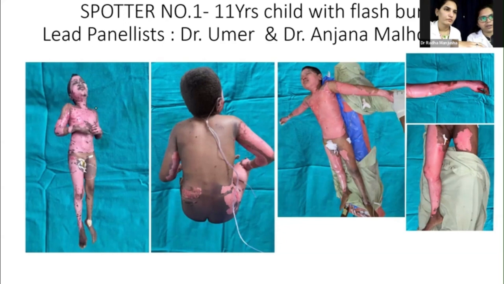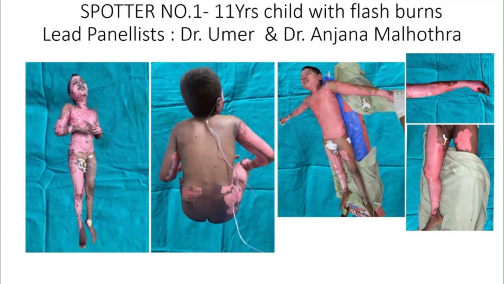Upper limbs anterior 5 and posterior 5, and the lower limbs 10% anterior and posterior. The left upper limb, the back is spared, if you see the second picture from the left. Yes, ma'am, one upper limb back is spared.